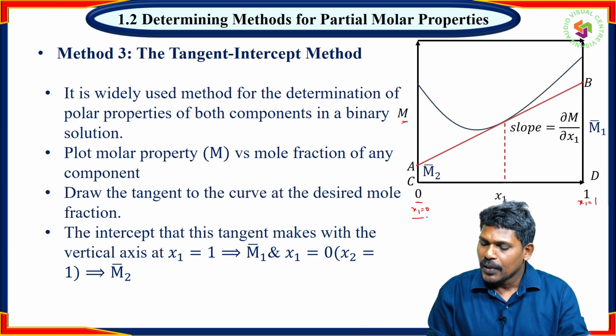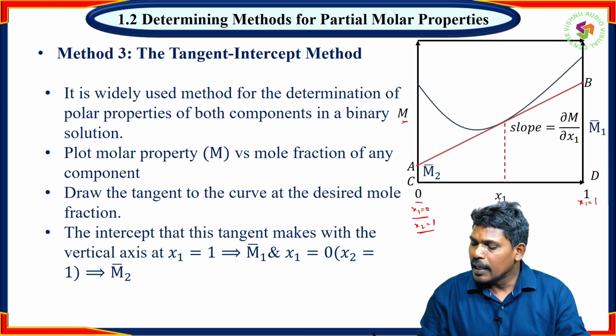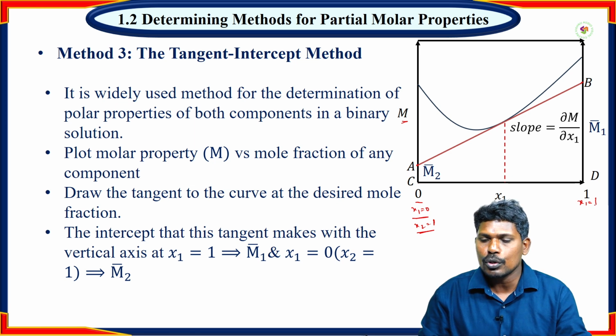Now at the origin, x1 is equal to 0 and x2 is equal to 1, and the partial molar property is equal to AC. Here x1 is equal to 1 means x2 is equal to 0.